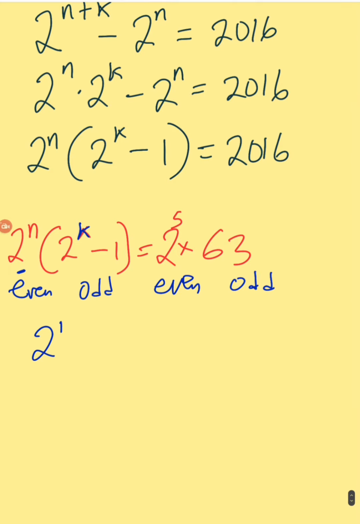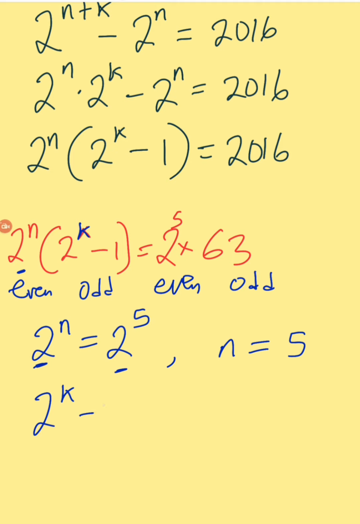By so doing, you have that 2 power n is equal to 2 power 5. That means that n is equal to 5, because the bases are the same, you equate their powers. If n is equal to 5, we can get our k: 2 to the power of k, take away 1, is equal to 63.